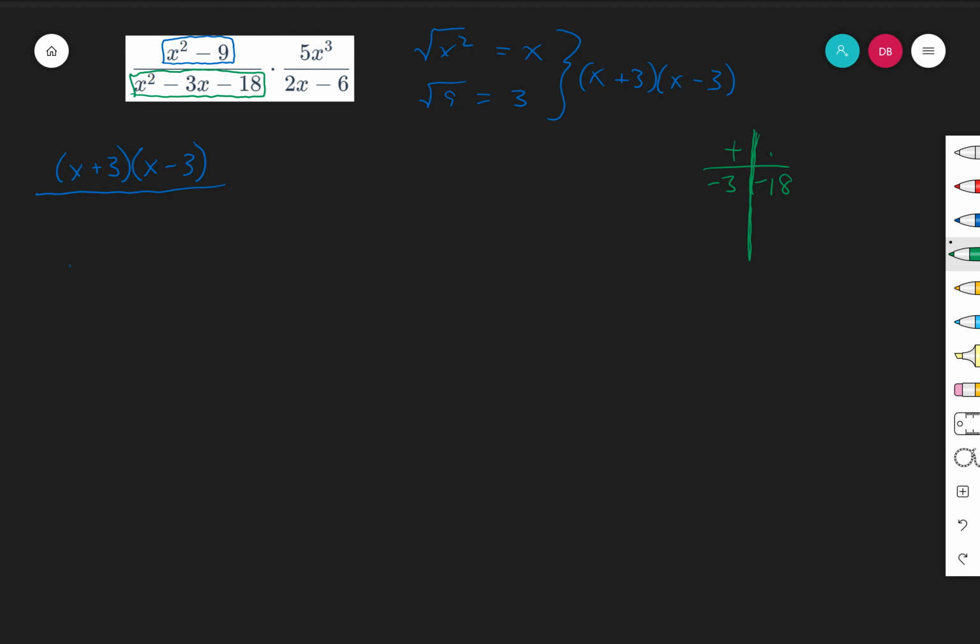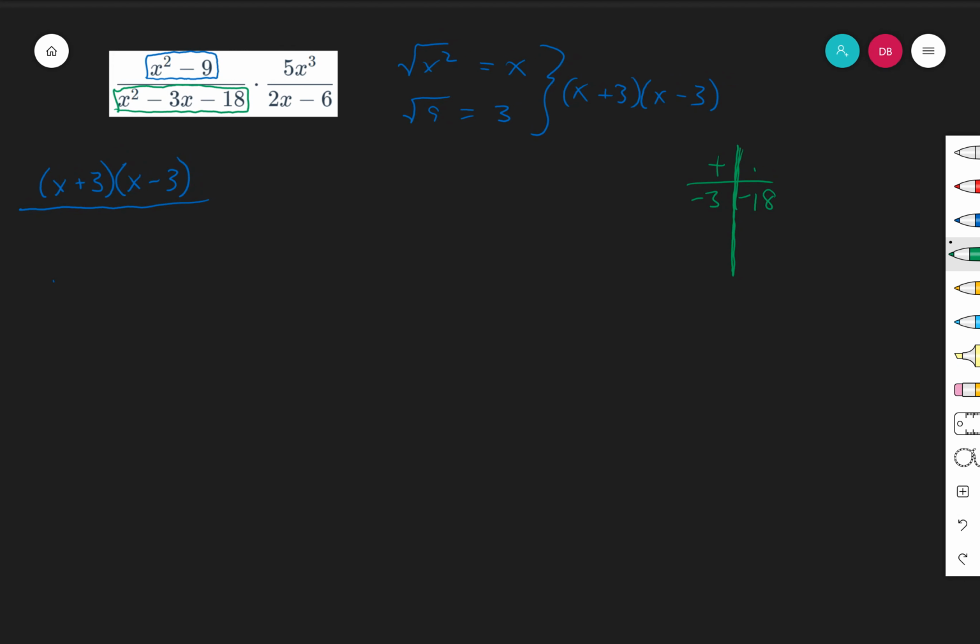So again, if you're struggling to think of two numbers, just list out the factors of 18. Let's just do that really quick, to walk you through that. We got 1 times 18. There's no way that I can put those two numbers together to get negative 3, because for that to work, they need to be 3 numbers apart. And 1 and 18 are 17 numbers apart, so that doesn't work.